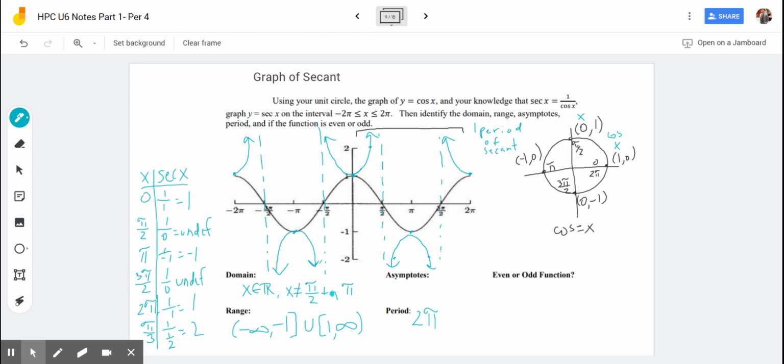Our asymptotes occur where the function is undefined. Vertical asymptotes at x equals pi over 2 plus n pi. And then our function is technically even, and we can see that pretty much. This is probably the portion of the graph where we could see it most clearly, right? And in between -pi over 2 to pi over 2, there is even symmetry.